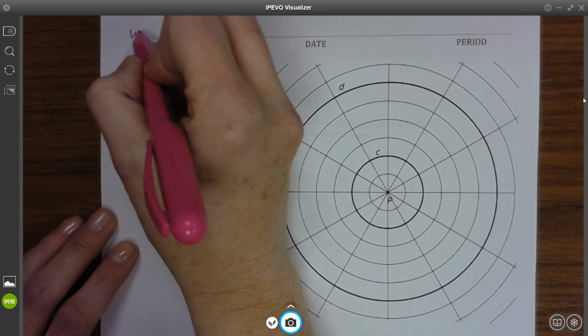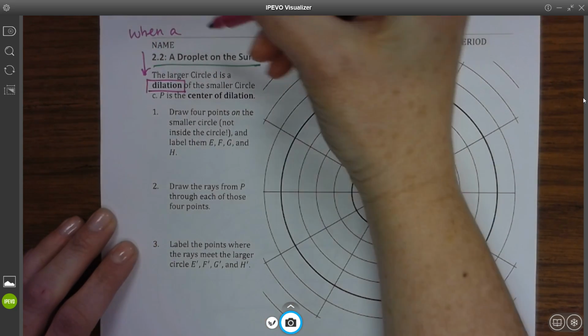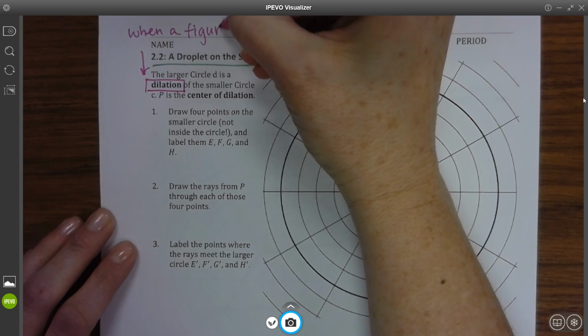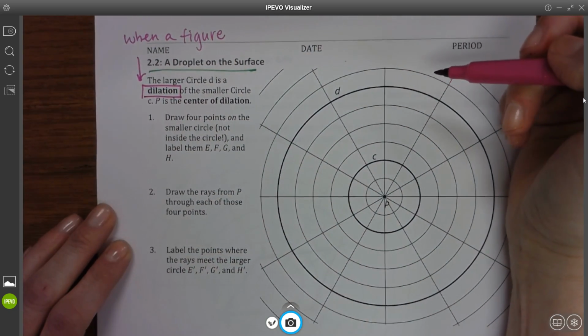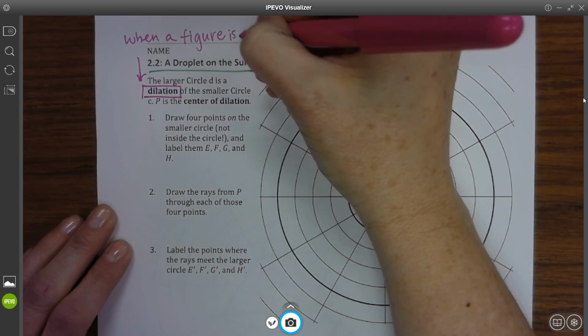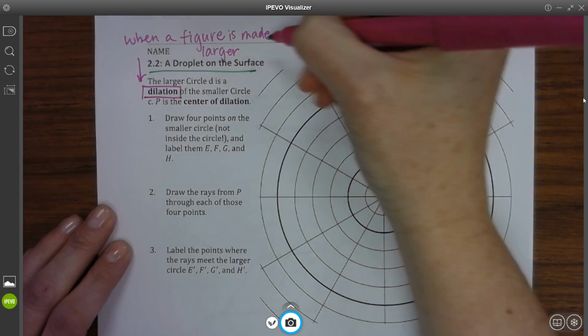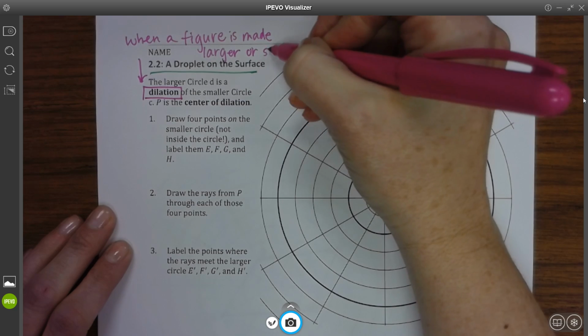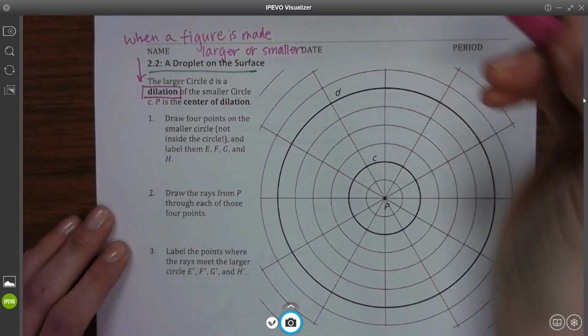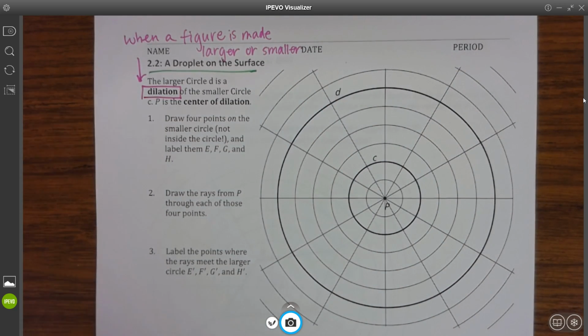Okay, dilation is when a shape or figure is made larger or smaller. So that's a general definition of dilation.